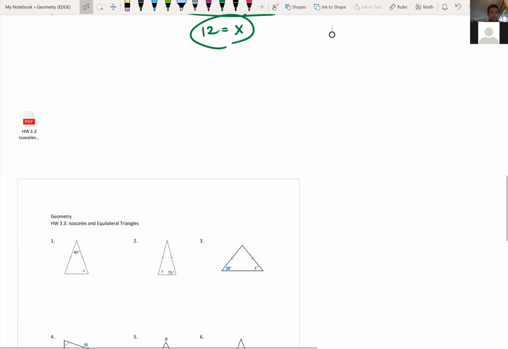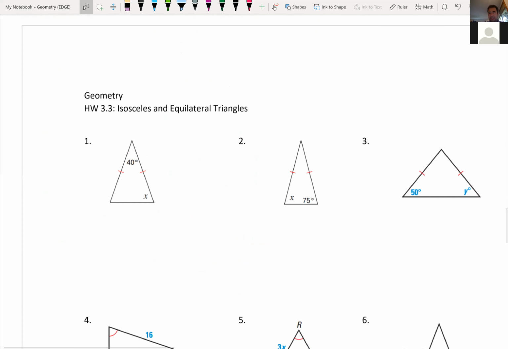So here it is, the assignment 3.3. So please write that down. Homeworks 3.3. You guys are ready for number one? I'm going to let you think about this, the number one. Okay. What do you think X is going to be?